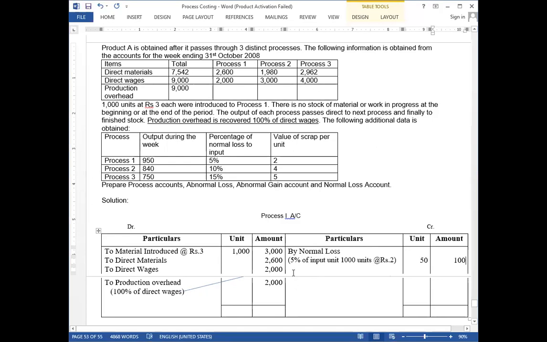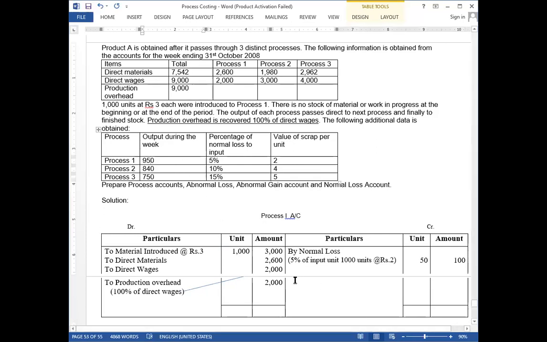What is step number 3? You have to write the output. Check whether output is given in the problem or not. If output is not given, then we take the balancing figure as output. But in this problem, output is given.